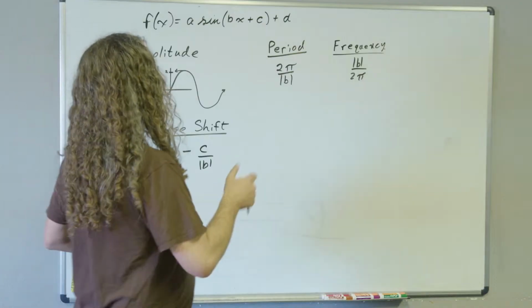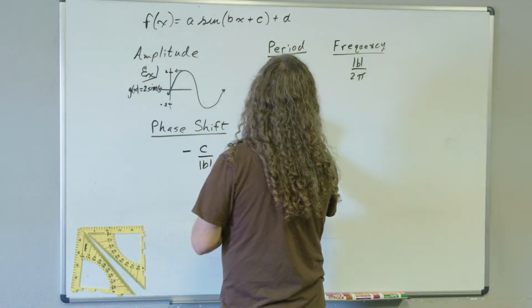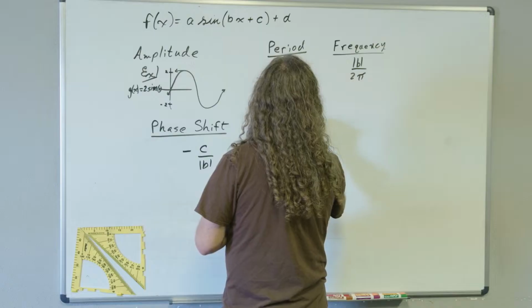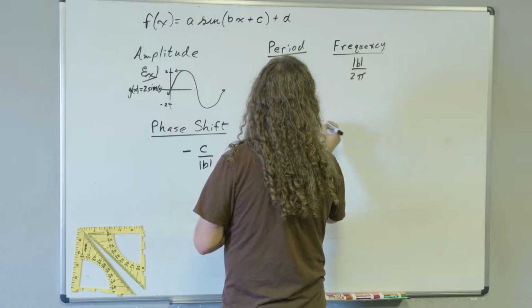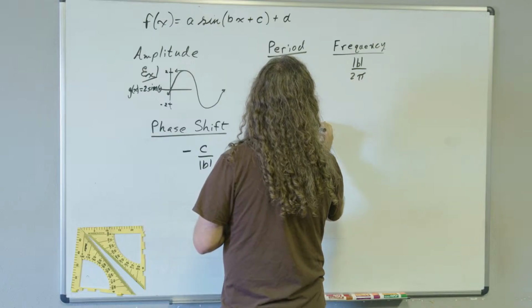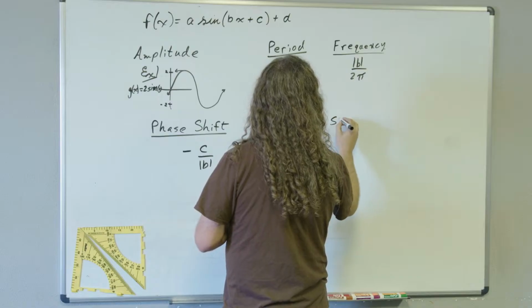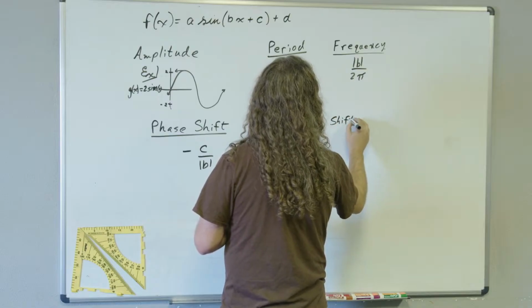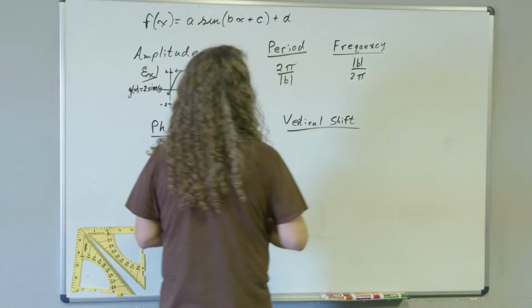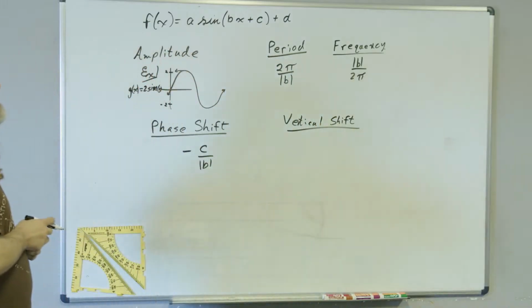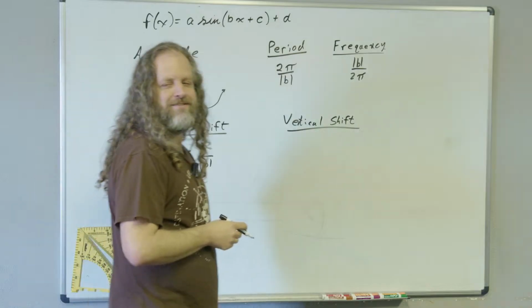The vertical shift is the stupidest of all. Okay. Wait a minute. Is it stupid? It's vaguely pointless. Vertical shift is D, right? Yeah.